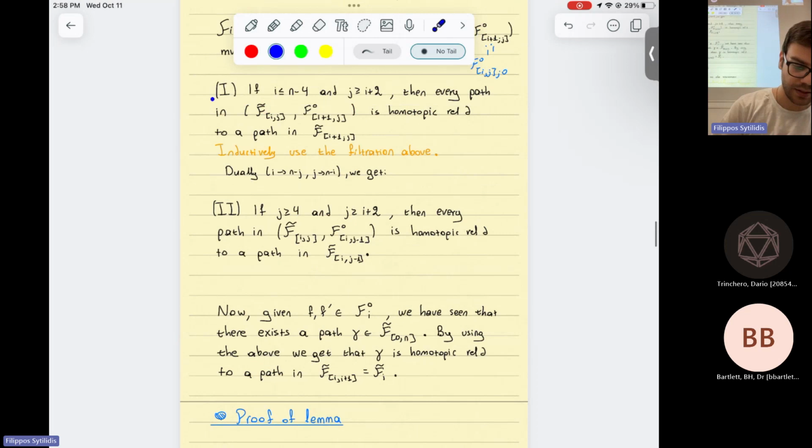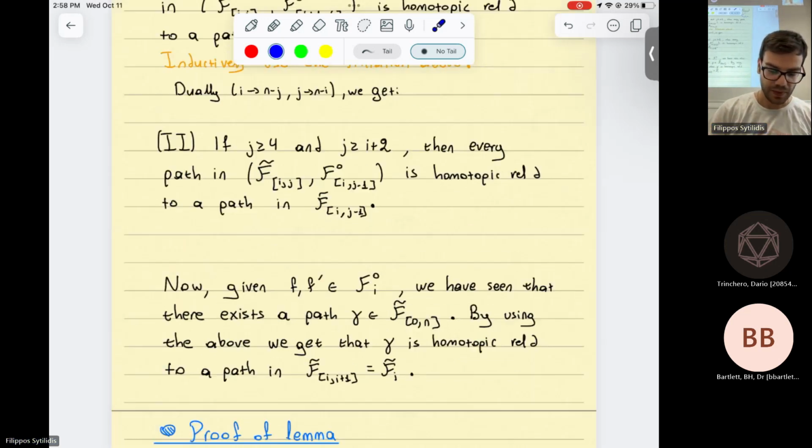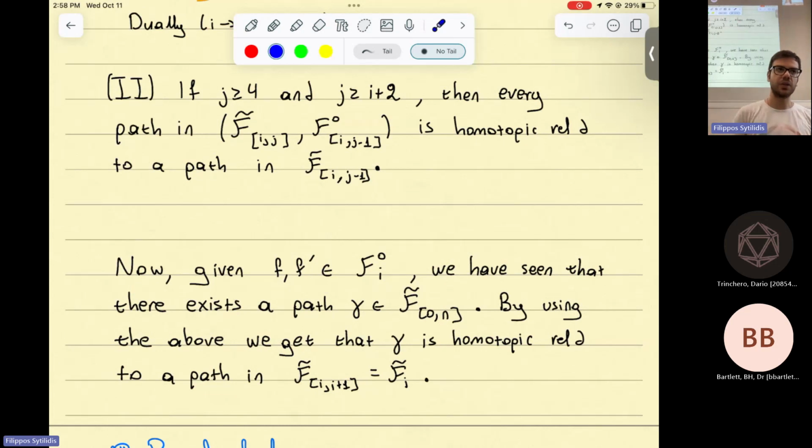And then using 1, well, also 2, which I'm not going to mention, but anyway, using the above, we can get an inductive argument that kills the lower index critical points up to index i. And then also the dual argument will kill critical points from above up to index i plus 1. So if you believe the lemma, then you should believe the theorem. That's basically what I'm trying to say here.